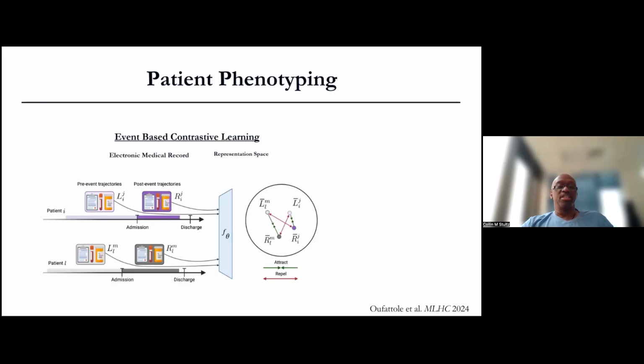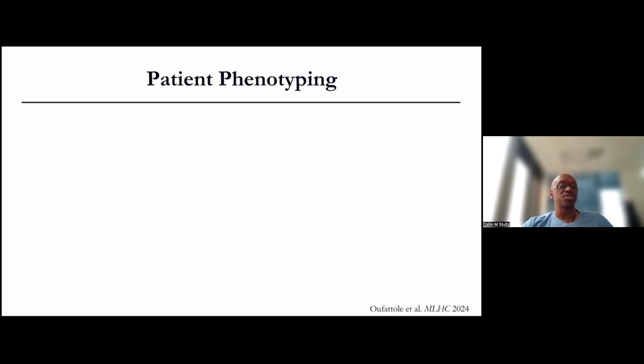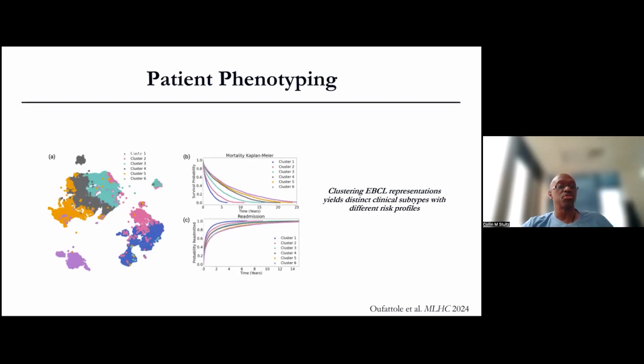Now, what happens is that when you do this and you cluster these embeddings, similarly, you get some structure in the embedding space. And I think what's interesting is if you construct Kaplan-Meier curves for survival in each of these clusters, and these clusters are all dictated by the embeddings.